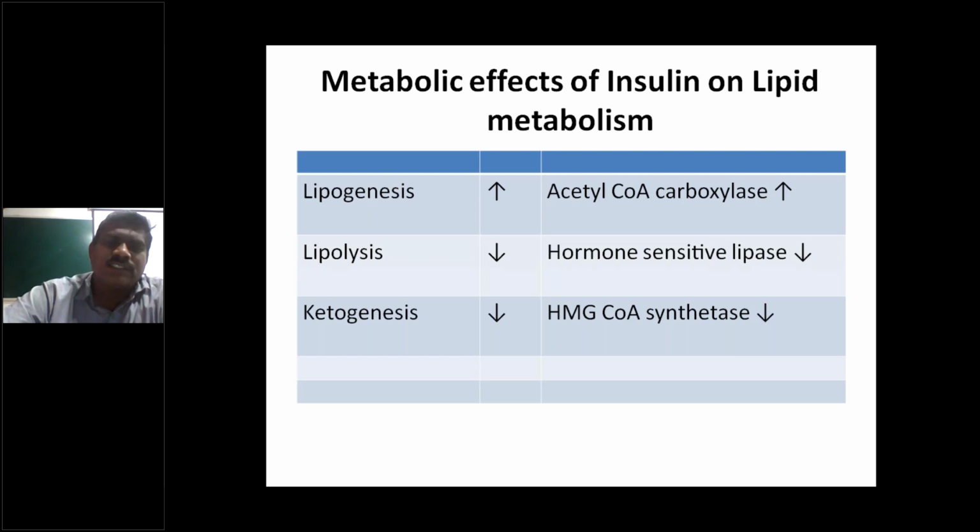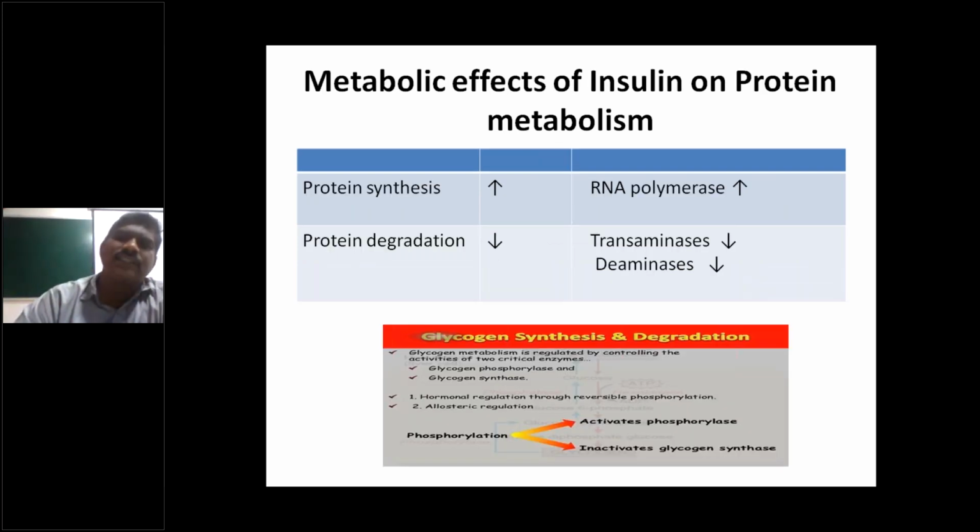Then coming to ketogenesis, HMG-CoA synthase activity decreases. So there won't be any ketogenesis in the well-fed state. That's why insulin keeps HMG-CoA synthase in mute mode, and the enzyme levels decrease.